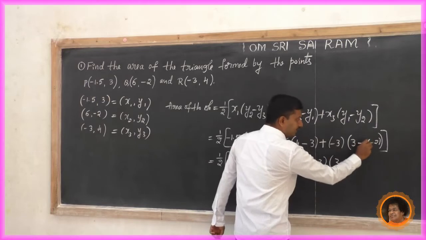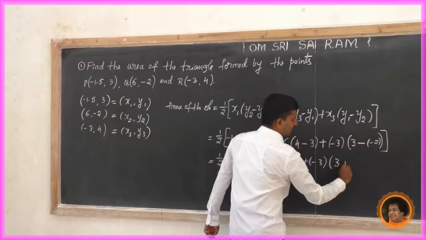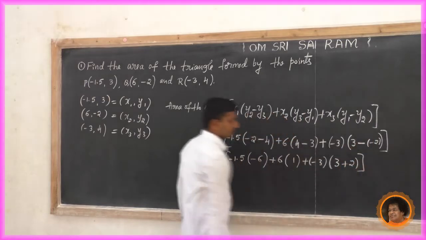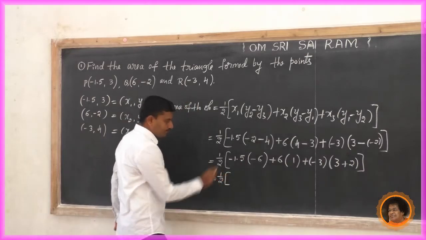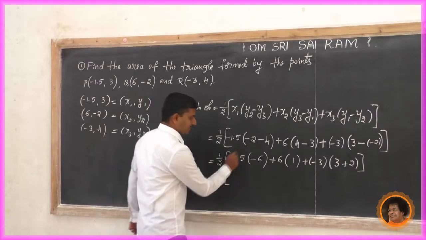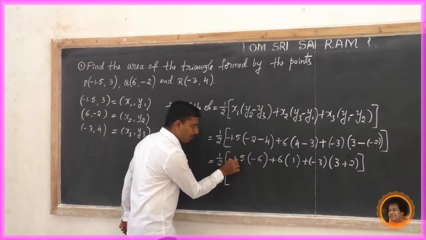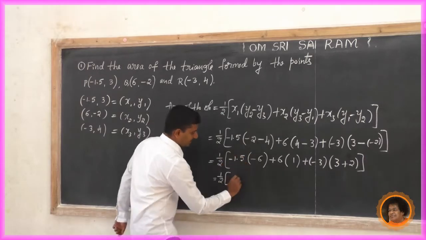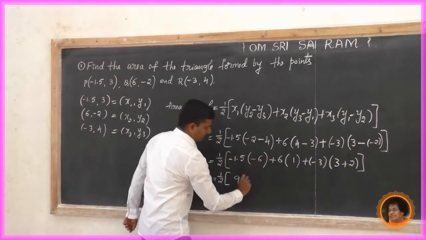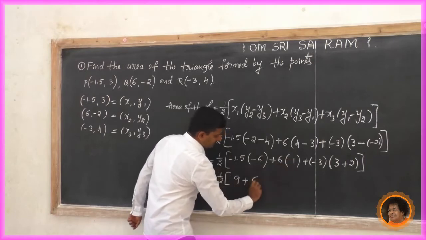Minus into minus is plus 2. So this equals half into, minus into minus, plus 1.5 into 6. Multiply 1.5 into 6, that is 9. Here plus 6 into 1 is 6.